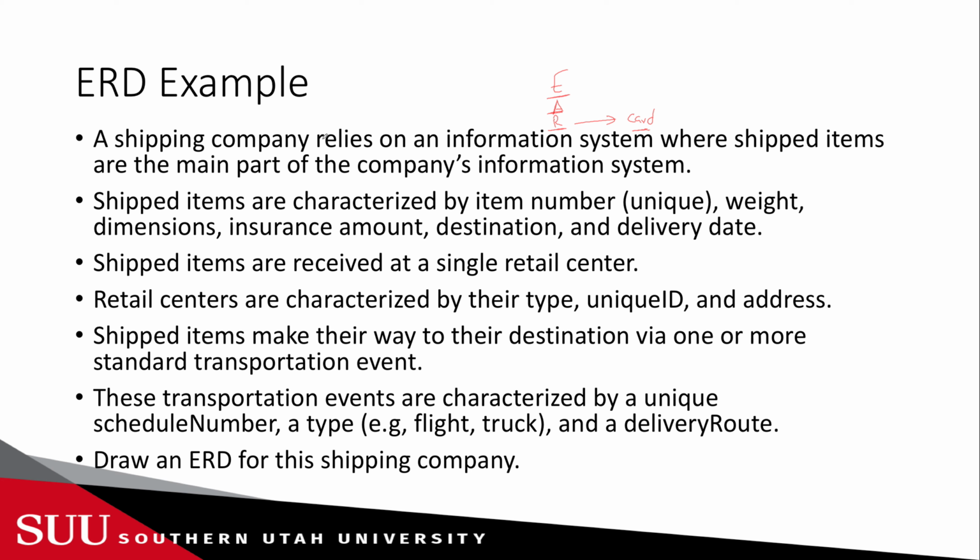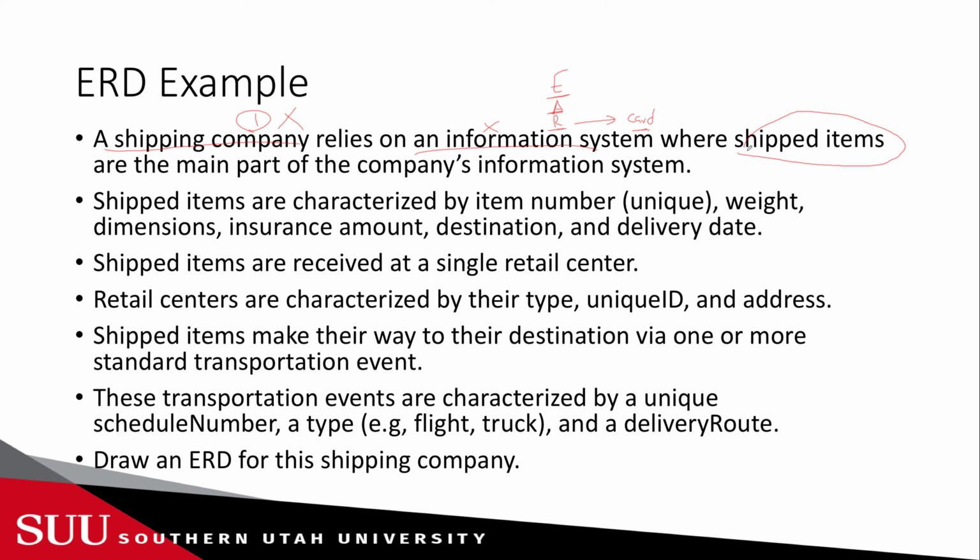It says a shipping company relies on an information system where shipped items are the main part of the company's information system. Can we get any entities from this? When we say a shipping company, this is one instance, so it cannot be an entity. An information system cannot be an entity.